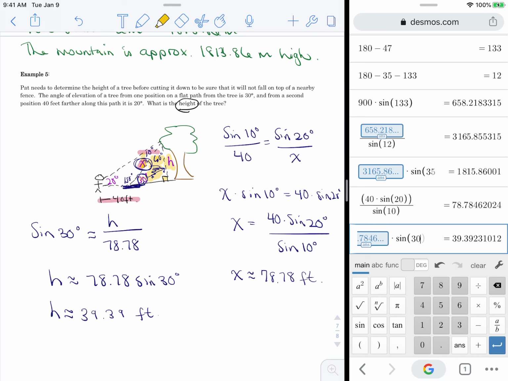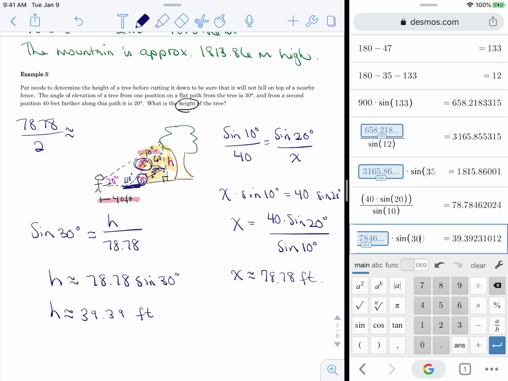If you wanted to find the height based off just special right triangles, well, remember your height here is across from the 30, so that's known as your short leg. So I could have done 78.78 divided by, well, it's half of it, right? Remember, your hypotenuse is double your short leg in that special right triangle business.